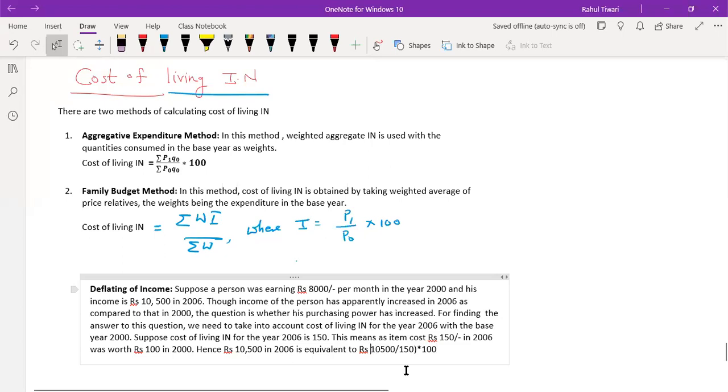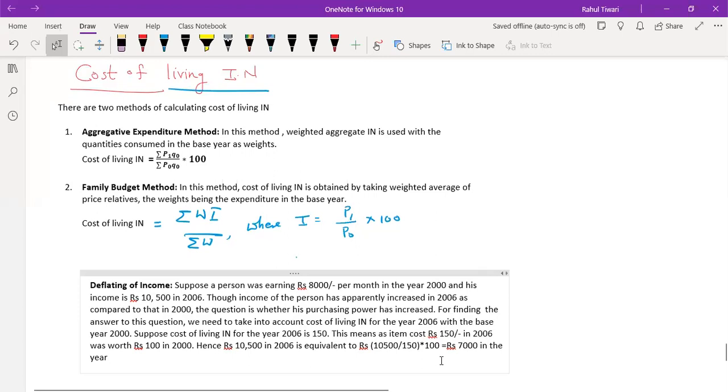This is equal to rupees 7,000 in the year 2000.